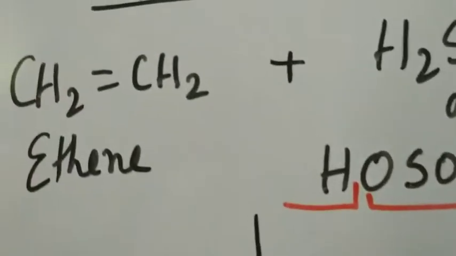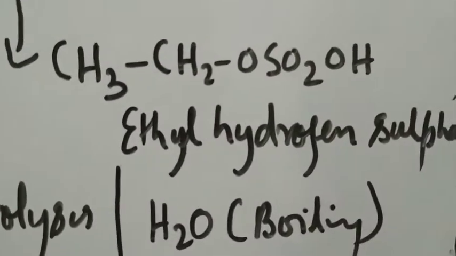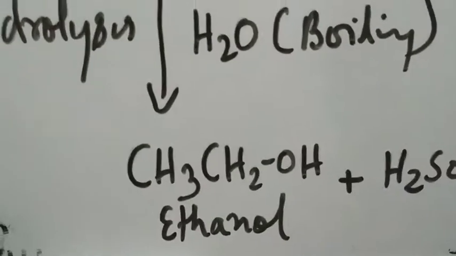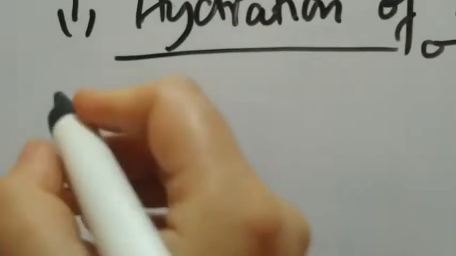Very simple. Take an alkene, symmetrical here, treat it with H2SO4, you have an alkyl hydrogen sulfate, and then by hydrolysis you have an alcohol, right? Now let's do the example of an unsymmetrical alkene, in which we'll see how it takes place according to Markovnikov's addition.